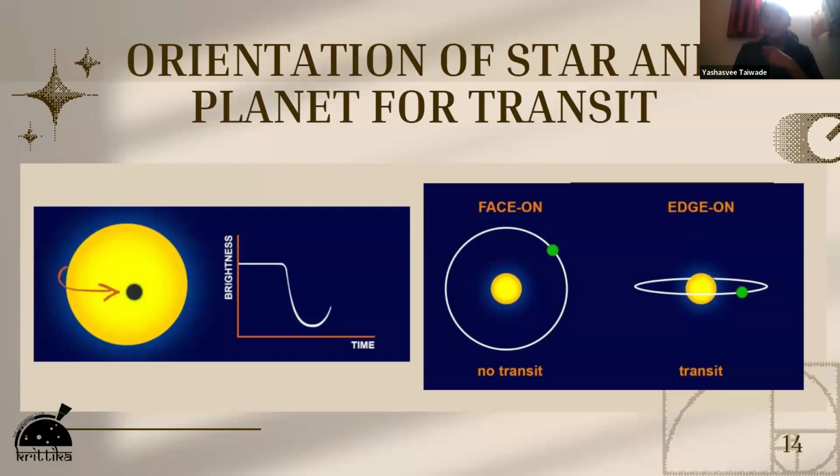If we can see the entire orbit, so the planet is always in view, there is no transit. The orbit needs to be in a specific orientation for us to be able to see a transit, which is the edge on one. Both the images point out that this is the orientation we need.